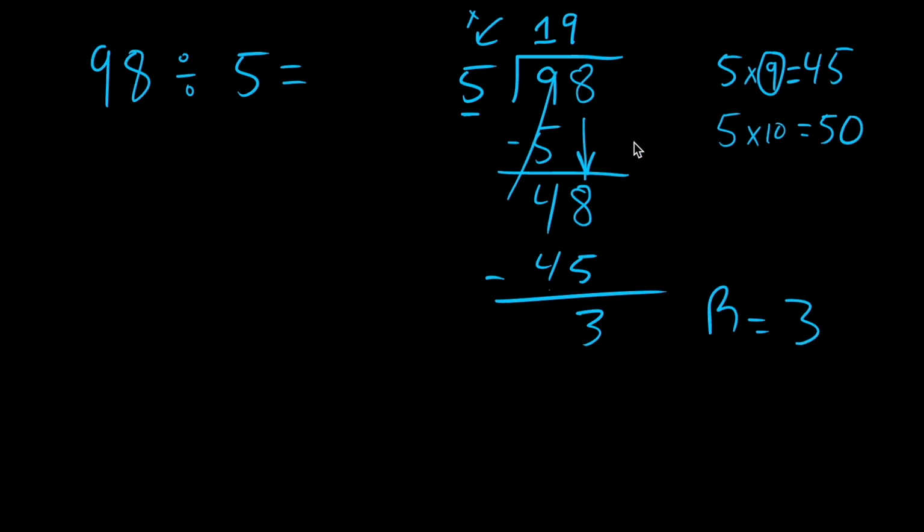So it'll be 19 and 3. However, we want to write this as a decimal. So let's add our decimal after the 98, and then a decimal right after the 19. Then we add a 0 and give it to the 3.